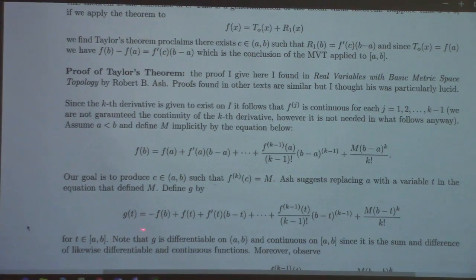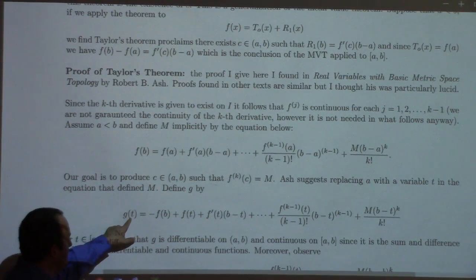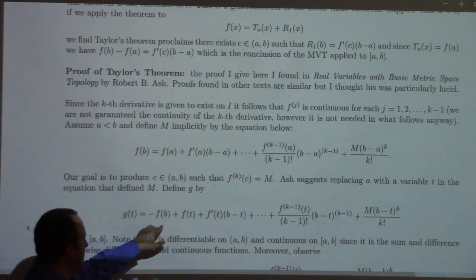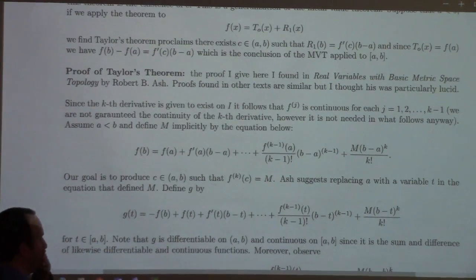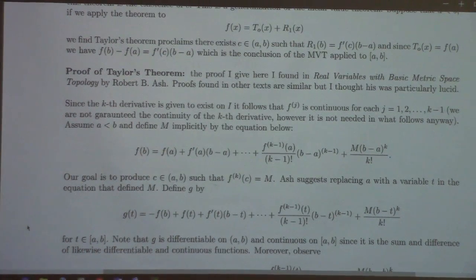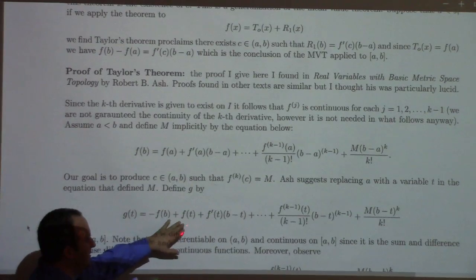Now, what's the deal with this function? What happens when you plug in t equals a? Anything? I don't know. 0. It's 0? How can you see that it's 0? I think you're right, but why is it 0? So if you plug in a for t, you get all of this stuff, right?